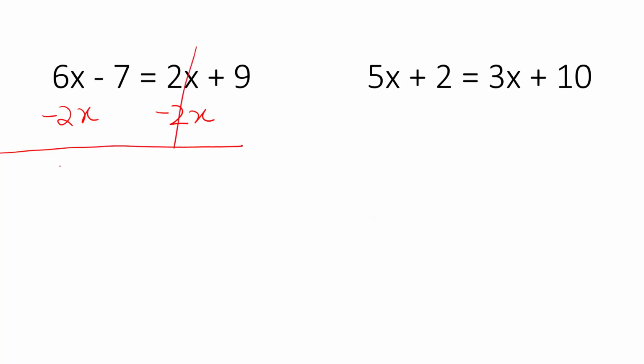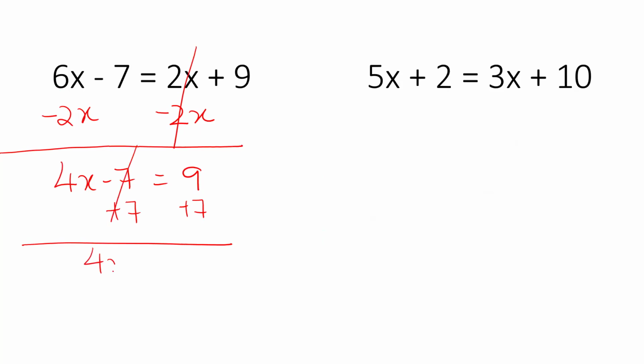This results in 4x minus 7 equals 9. And then we'll be adding 7 to both sides to get rid of this 7. So we are left with 4x equals 16, and we have to divide both sides by 4 to get rid of the 4 next to x. So we are left with x equals 4.